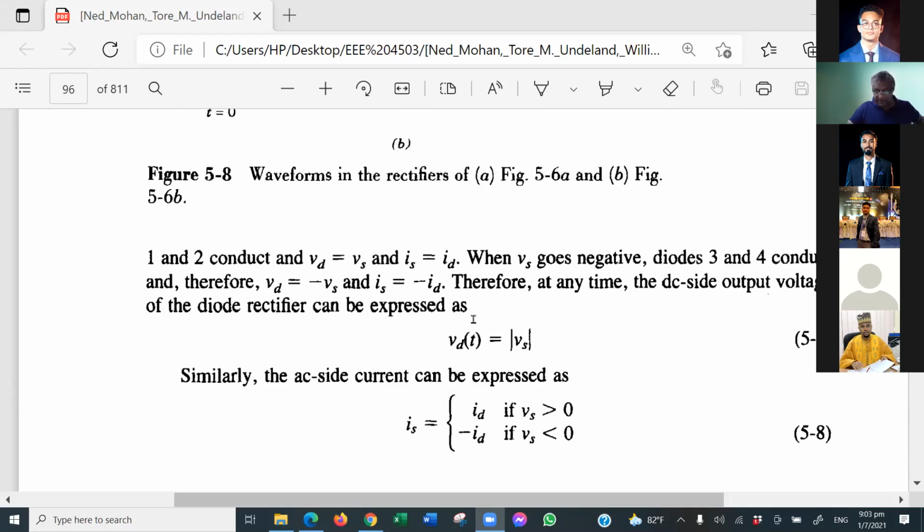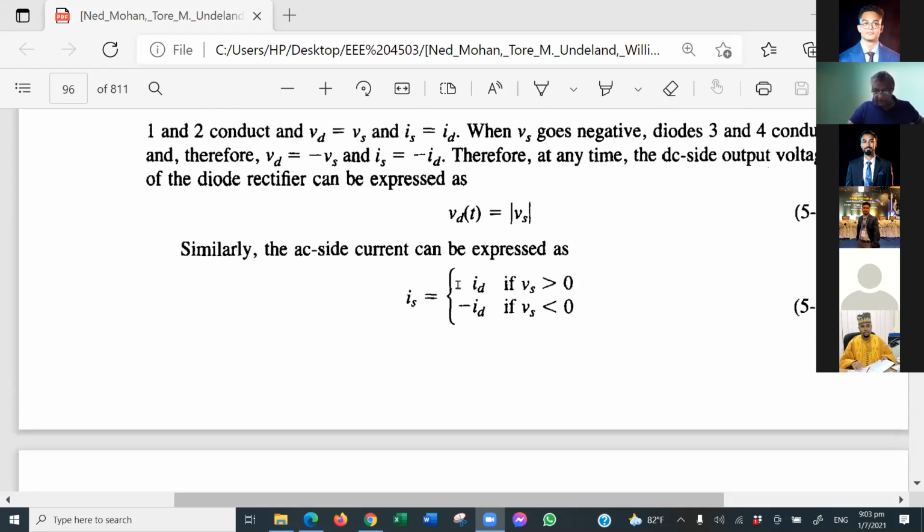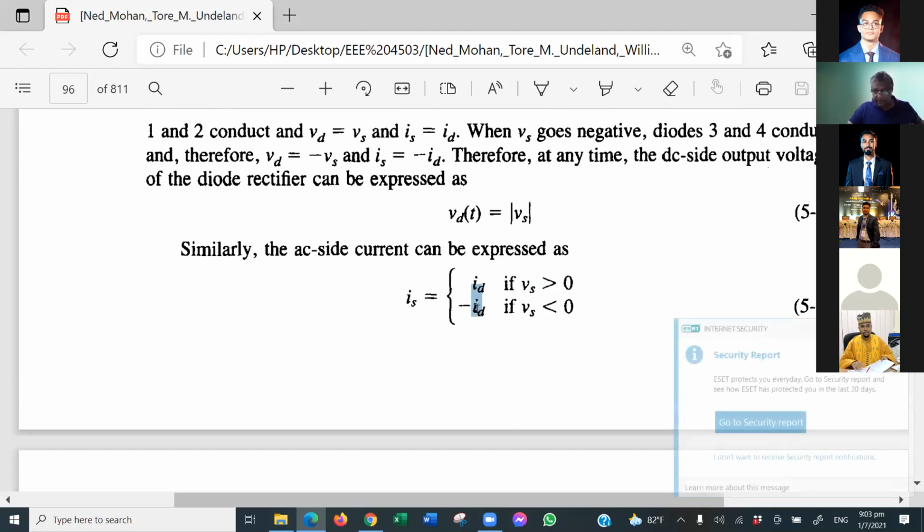So that has been written here. IS equals ID if VS is greater than 0. If VS is less than 0, that means the negative half cycle, then IS equals minus ID.